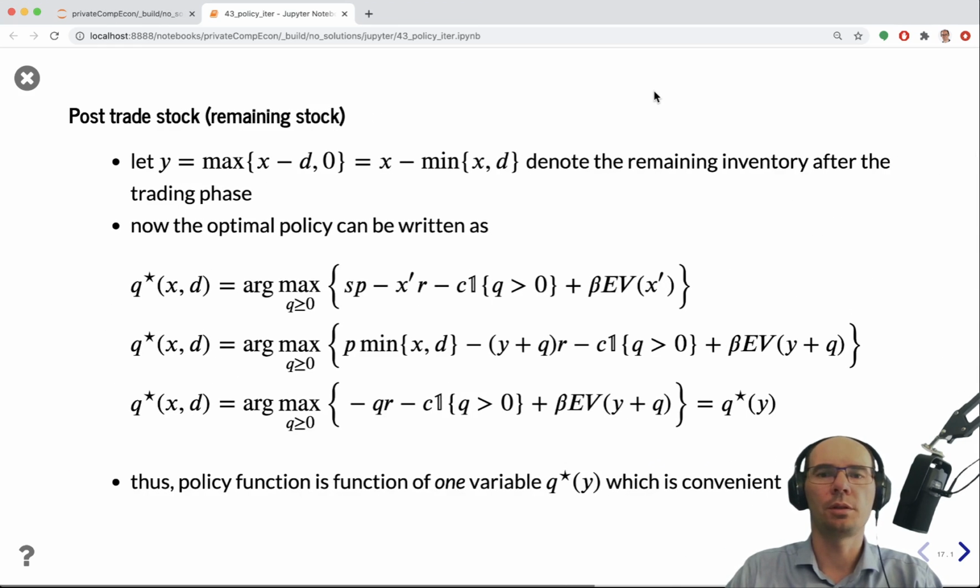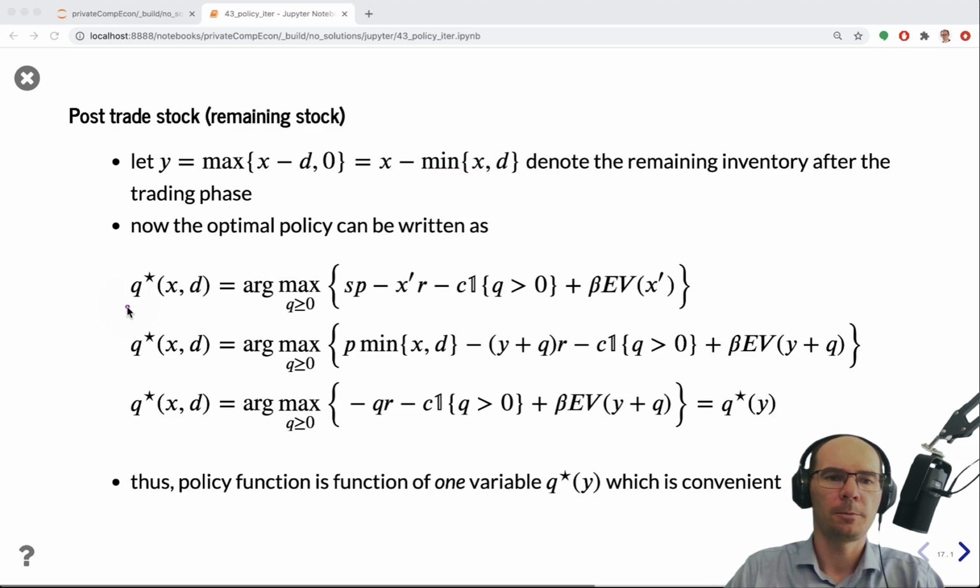Okay, so given that, we can then define a new kind of variable, and let's call it the post-trade stock. This is the inventory after the trading phase. And this is given by these equivalent expressions here. This is what's left after the sales.